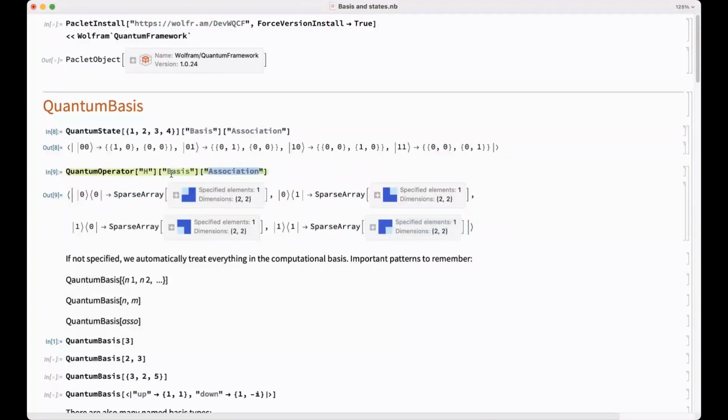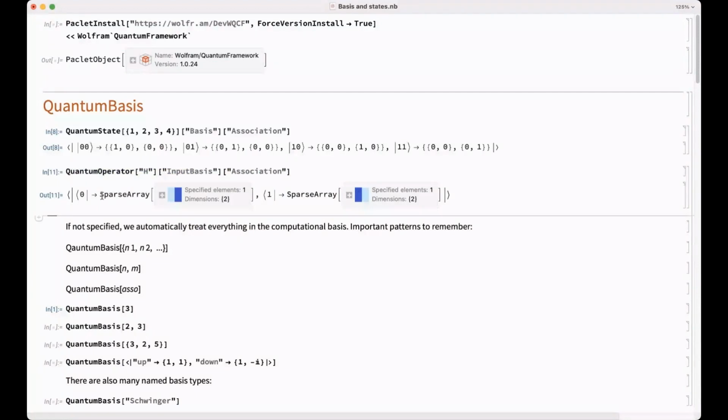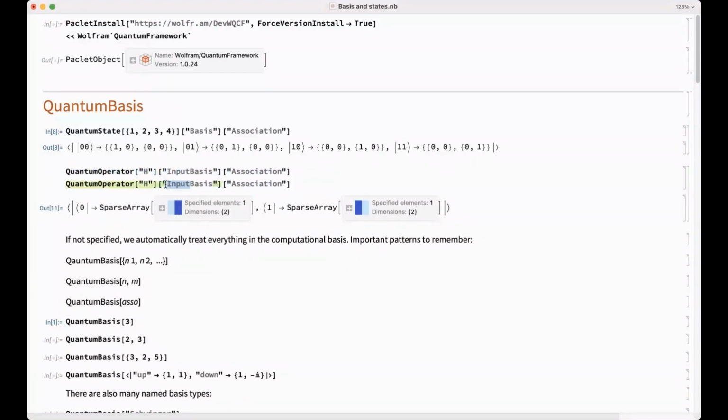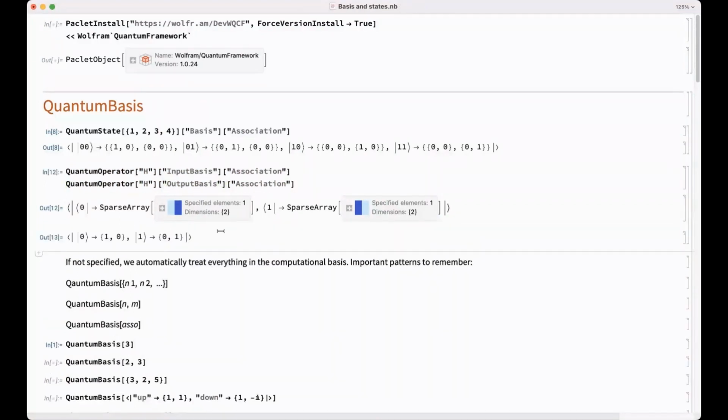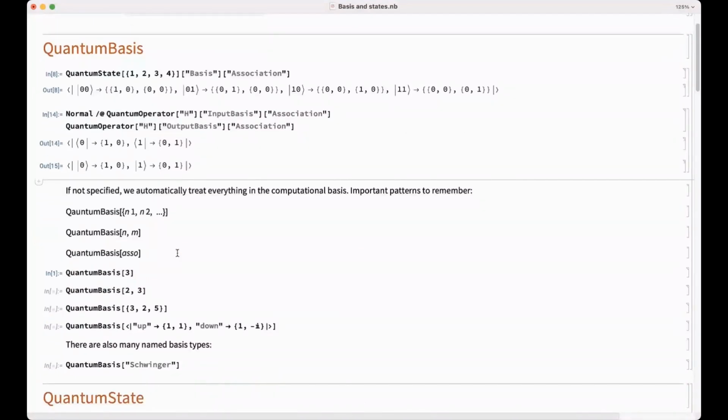Underneath, this combined basis is also just a tensor product of an input basis and an output basis. So it has a representation for bras and kets individually, like this. Sometimes it's a sparse array, sometimes it's not. It doesn't matter. Sparse arrays just help you pack things more tightly if you have a high dimensional basis.